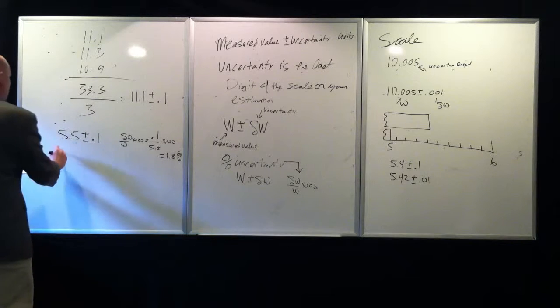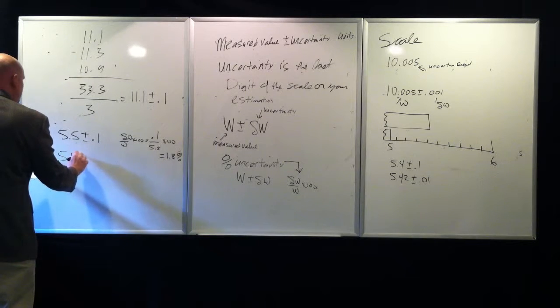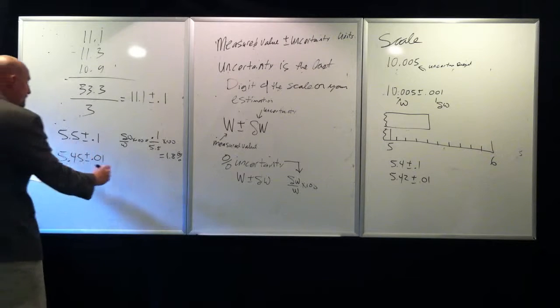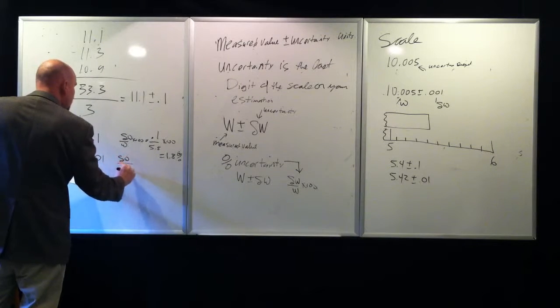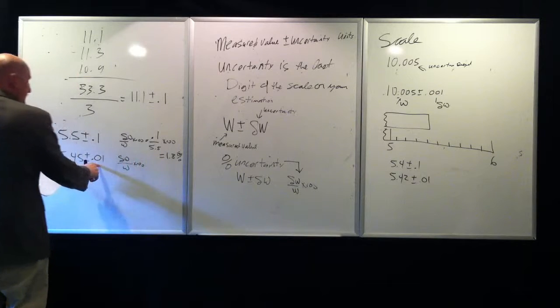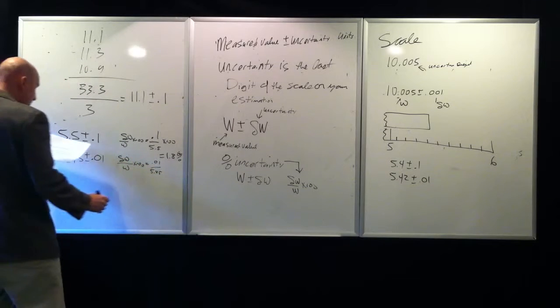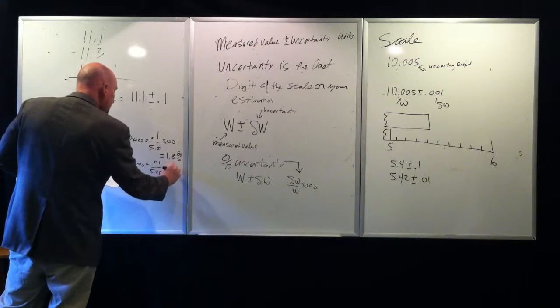If you took a measurement of 5.45 plus or minus 0.01, your percent, delta W over W times 100, would be 0.01 over 5.45, and then rounding to the second digit, you would get 0.18%.